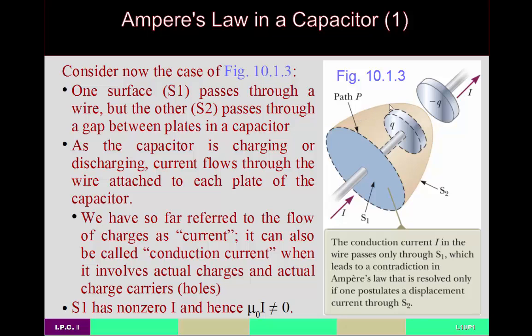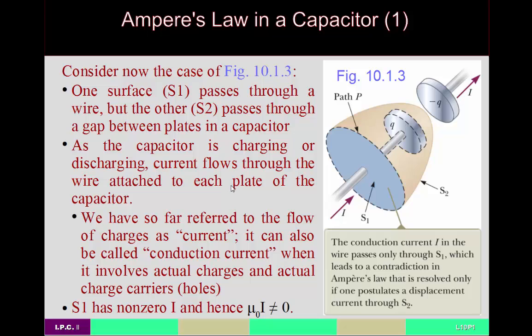But if you look at the hemiellipsoid, one plate of the capacitor is entirely enclosed within surface 2. The other plate is entirely outside of surface 2. That means that surface 2 at no point has current passing through it, because there's no current between the two plates of the capacitor.